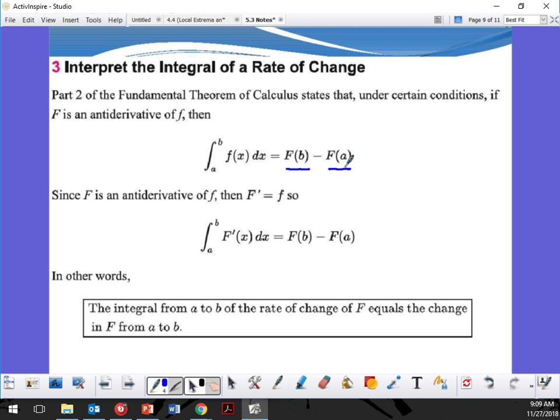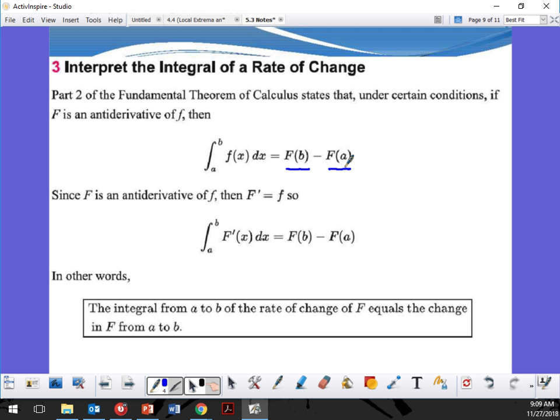Since F is an antiderivative of f, then F prime is equal to f. So taking the derivative of the integration just gives you the function.